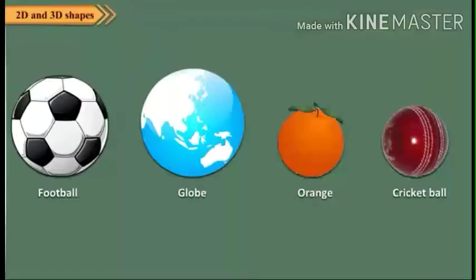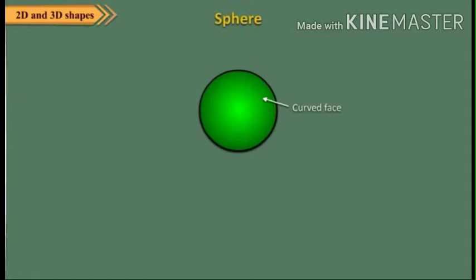So next. Children, now take a look at the shapes of the objects shown here. Each one of these objects has the shape of a sphere. A sphere has one curved face. It has no vertex and no edge.